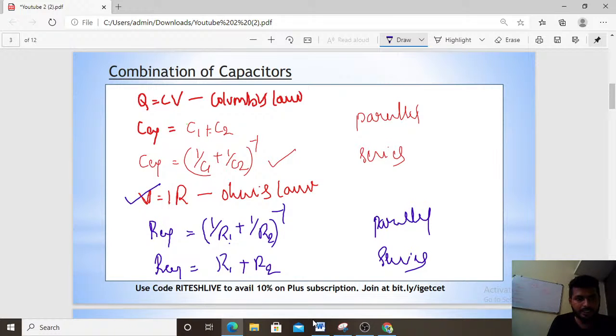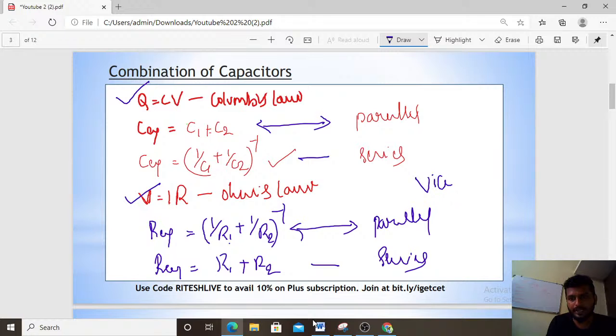See, compare these two, capacitors and resistance. When they are in parallel, the only difference is how the variables add up. Similarly when they are in series, it is interchanged, vice versa.